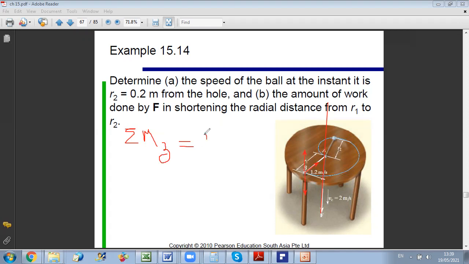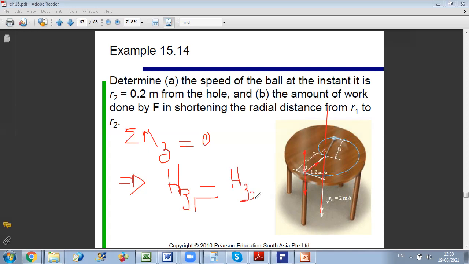Since the sum of moments about Z is 0, I can apply conservation of angular momentum about Z. That means H about Z at state 1 will be equal to H about Z at state 2.